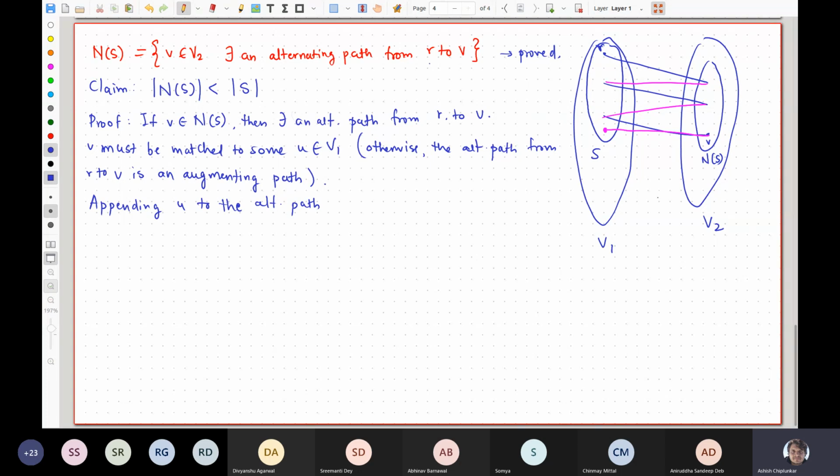That's the only way to get into some vertex in V1. So appending U to the alternating path from R to V gives an alternating path from R to U.